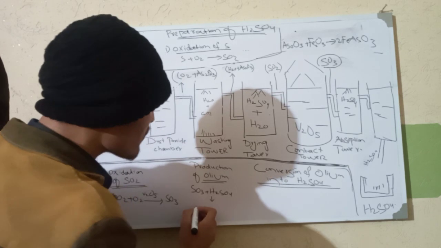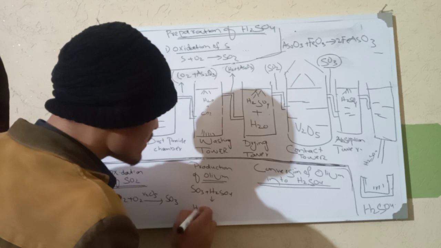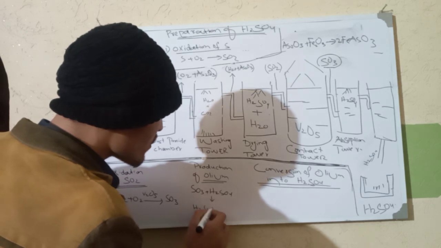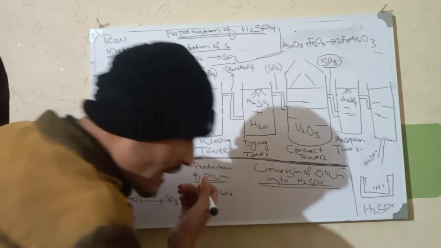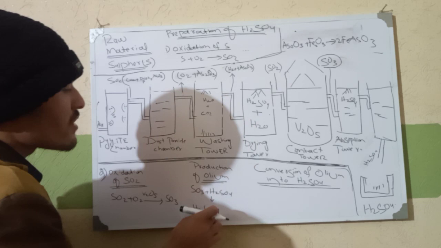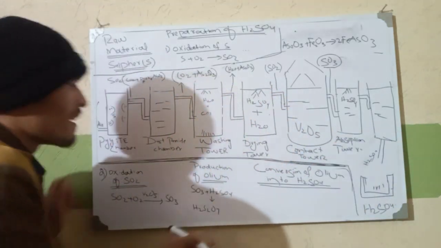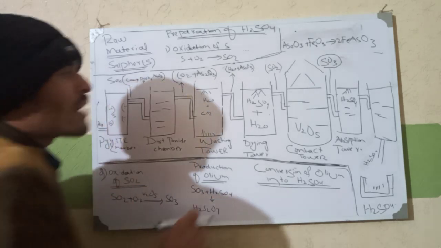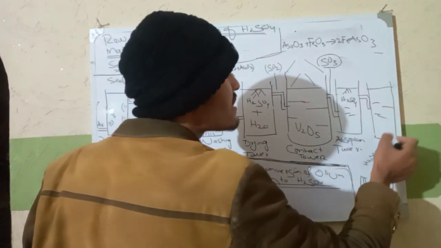The formula of oleum is H2S2O7. So oleum is produced in the absorption tower. Now this oleum enters the last tower, which is the dilution tower.